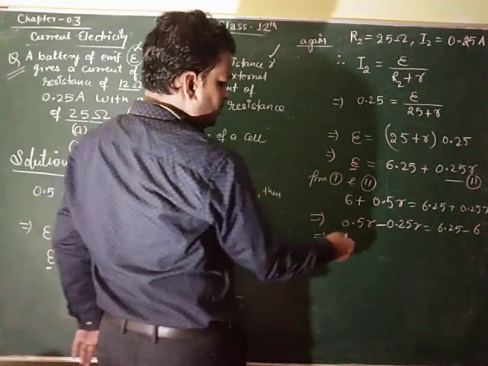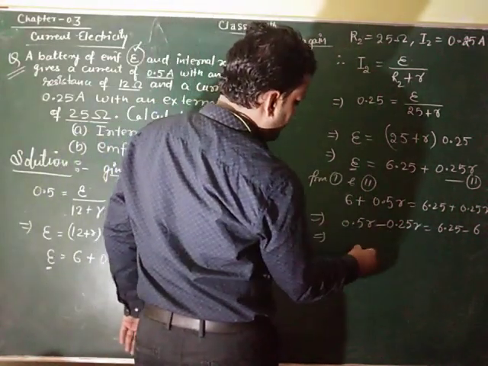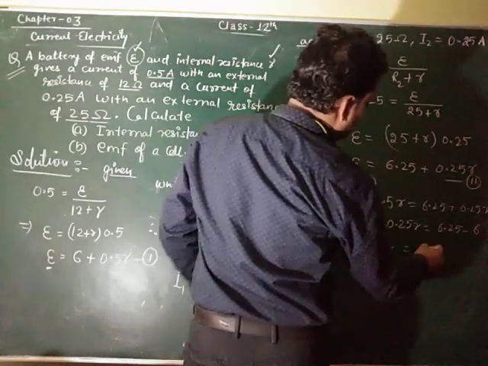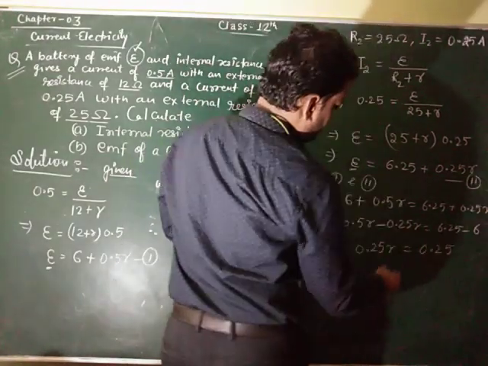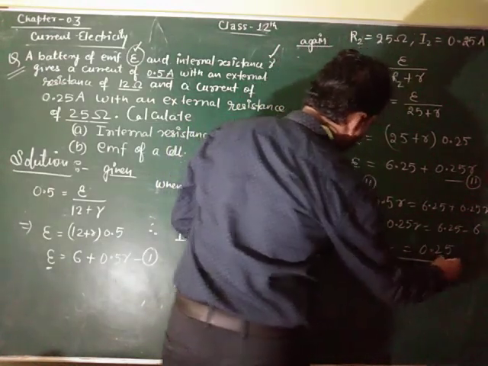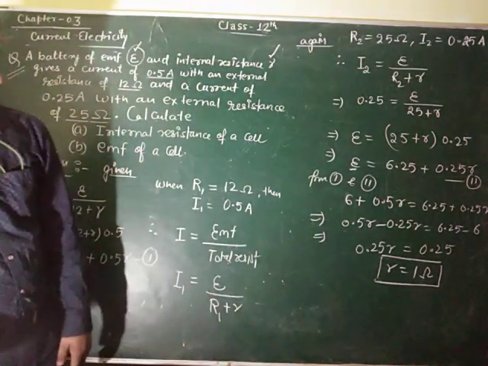Half R means 0.5 R minus 0.25 R is equal to 6.25 minus 6, which is 0.25. So R is directly 1 ohm. From here we can calculate R is equal to 1 ohm.